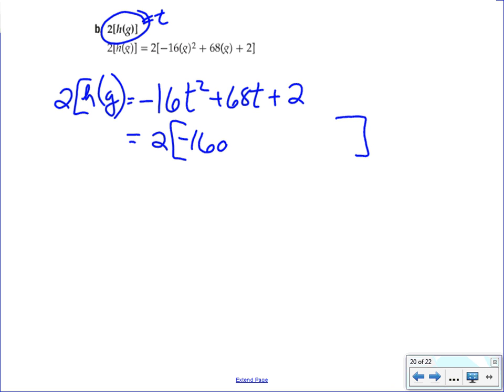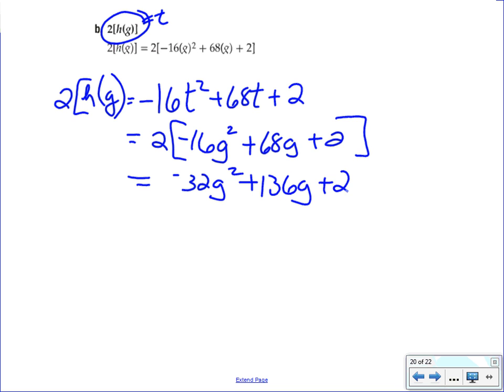We're substituting in g squared plus 68g plus 2. 2 times negative 16 is negative 32g squared. 2 times 68 is what? 136. Sorry, g plus 2. And so there is our solution: 2h of g is negative 32g squared plus 136g plus 2.